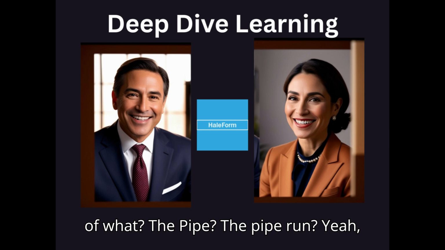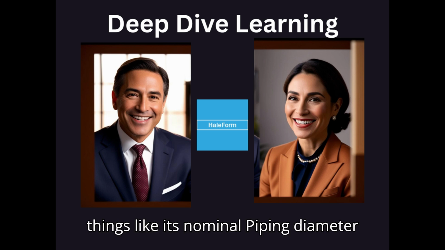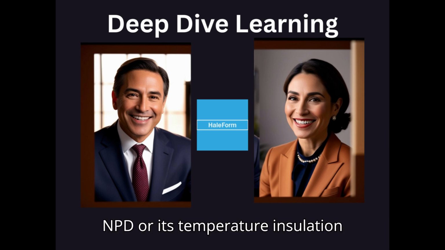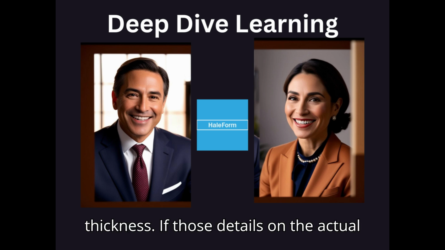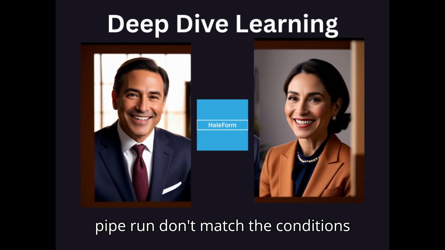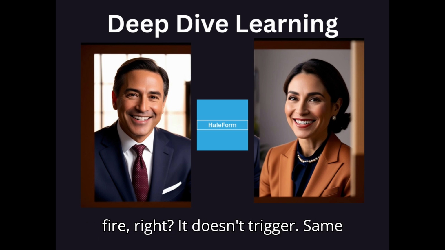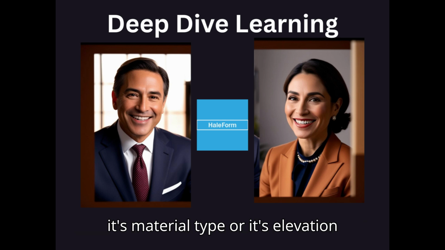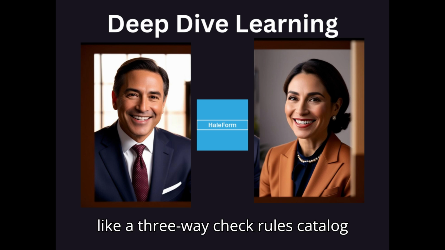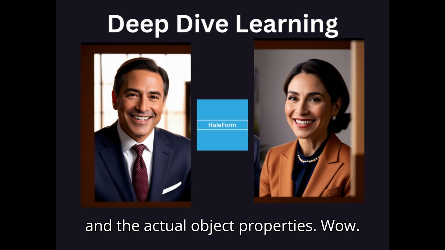The pipe run, yeah. Things like its nominal piping diameter (NPD), its temperature, insulation thickness. If those details on the actual pipe run don't match the conditions set in the support rule, the rule doesn't fire. Right, it doesn't trigger. Same goes for the supporting structure. Maybe its material type or its elevation doesn't meet the rule's criteria. It's like a three-way check. Yeah. Rules, catalog, and the actual object properties.